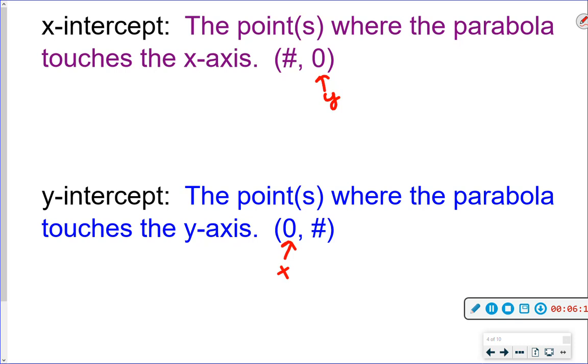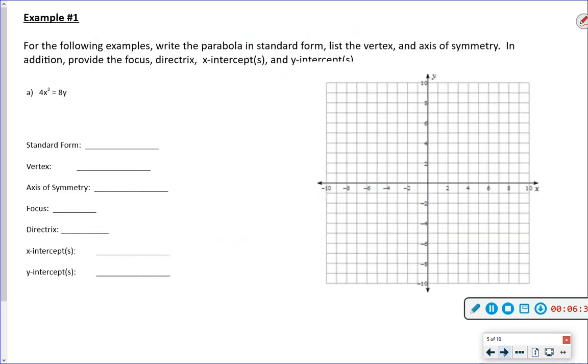You'll have the vertex. You can figure that out. But that's really all it shows you. I don't think it's super helpful because it's not going to have the focus point marked on your graphing calculator, nor will it have the directrix line. So I don't think your calculator is super great, but at least you could get an idea if you're worried about your vertex or you're worried that it's opening the correct way. You can at least get that general idea from it.